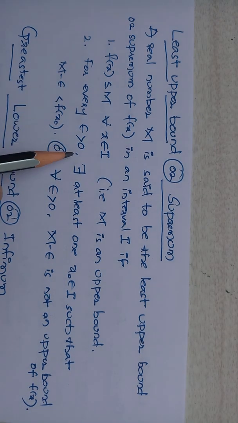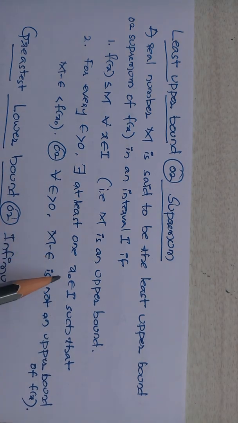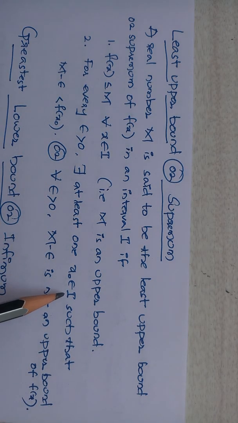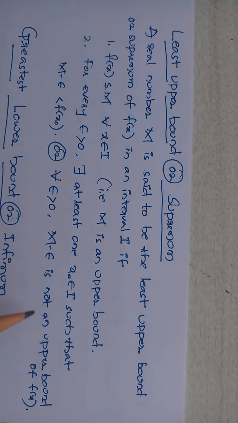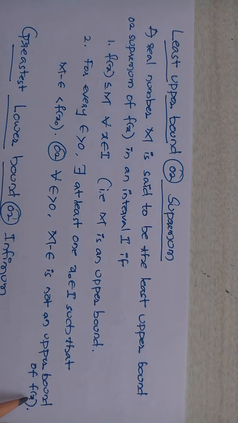And for every epsilon greater than 0, there exists at least one element x naught belongs to I such that m minus epsilon is less than f of x naught, or for epsilon greater than 0, m minus epsilon is not an upper bound of f of x.